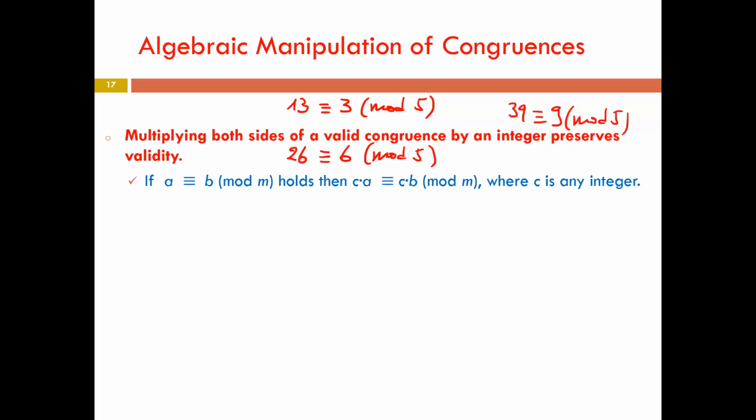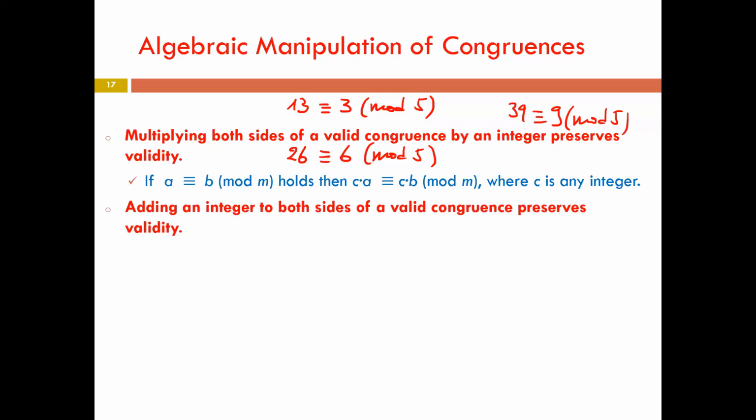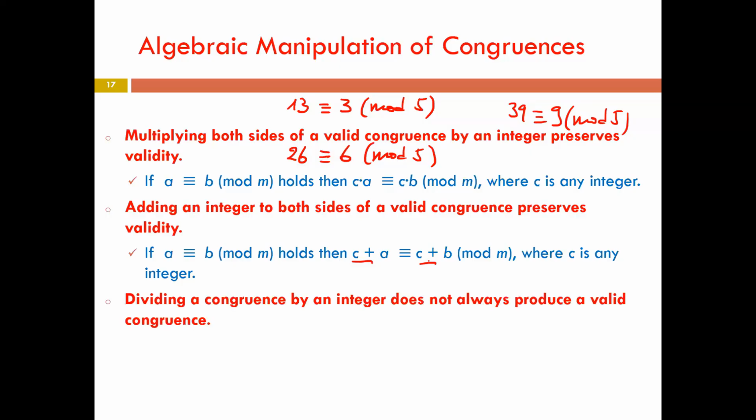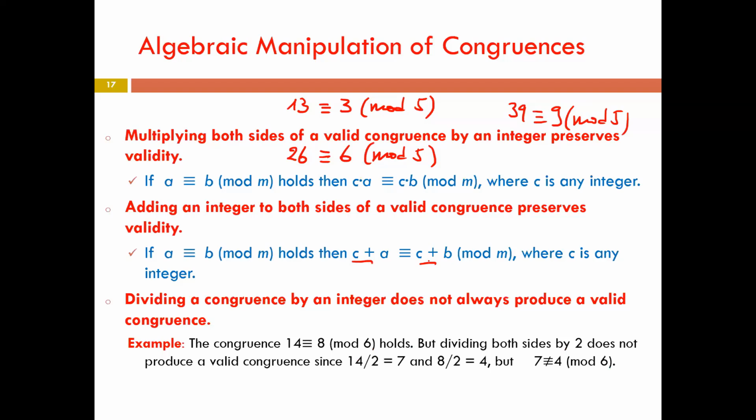So all these are properties of this congruence function. Adding an integer to both sides preserves validity. So multiplying by the same constant or adding the same constant gives you a valid congruence, but dividing is not working.